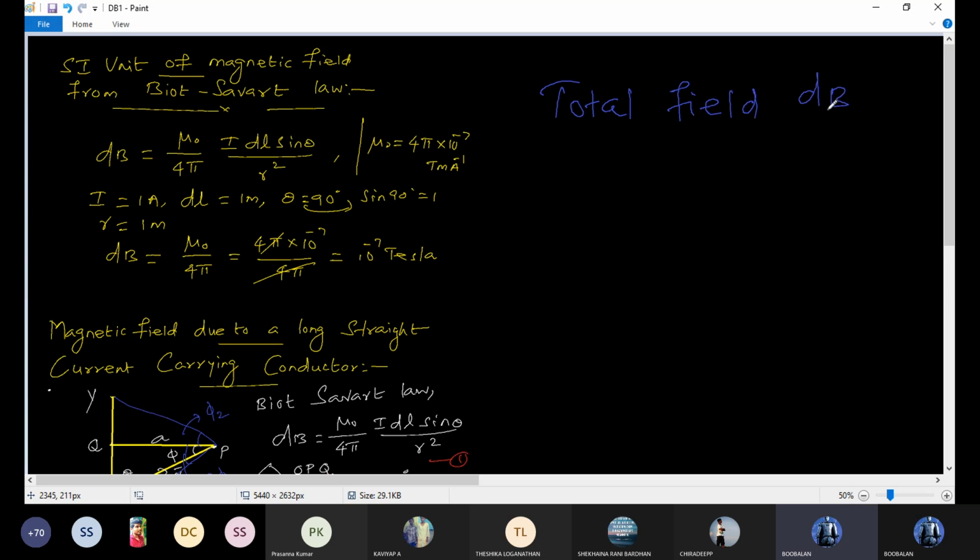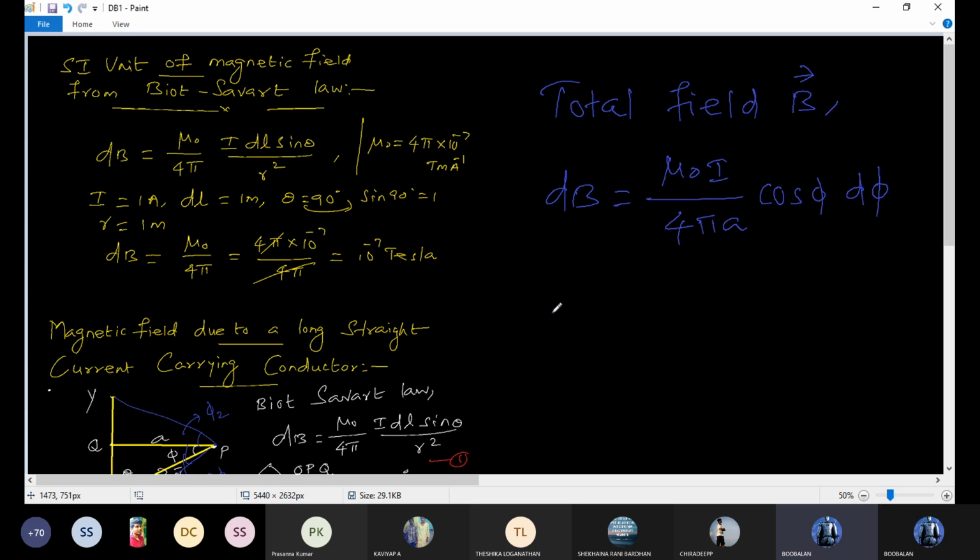Total magnetic field, the B value, not dB. The above equation is the dB formula: dB equals mu naught I divided by 4 pi A, cos phi d phi.